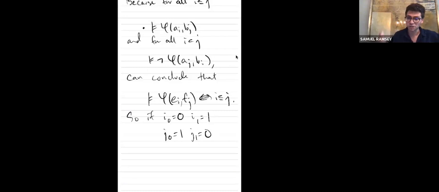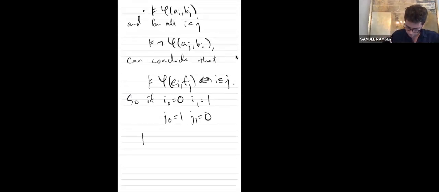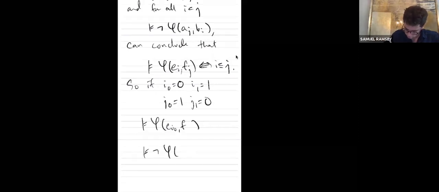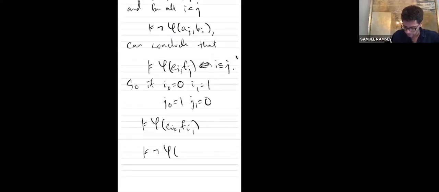So we're going to take this pair and swap them. Then we have phi of E_i0, F_i1, and not phi of E_j0, F_j1. Sorry, I'm all over the place today.